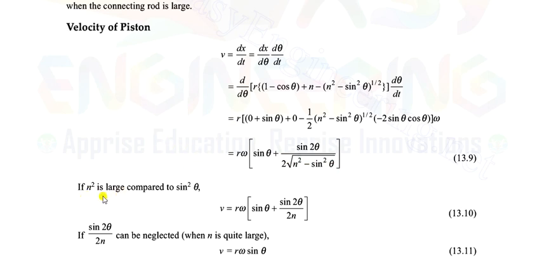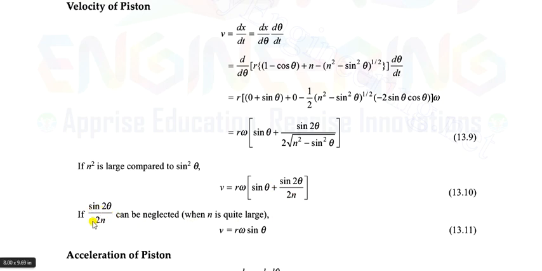Now again he is using that relation. If n square is very large in comparison, meaning L is very large, so sin square theta will become negligible in comparison to n square. So if you can ignore it, V is equal to r omega sin theta plus sin 2 theta by 2n. This is an approximation but gives almost equal result. So if L is very large in comparison to r, you can approximate by this relation.